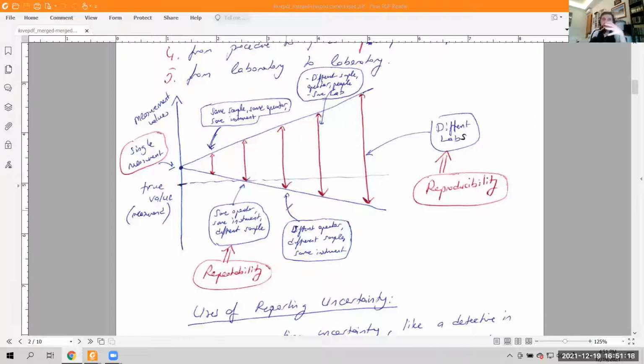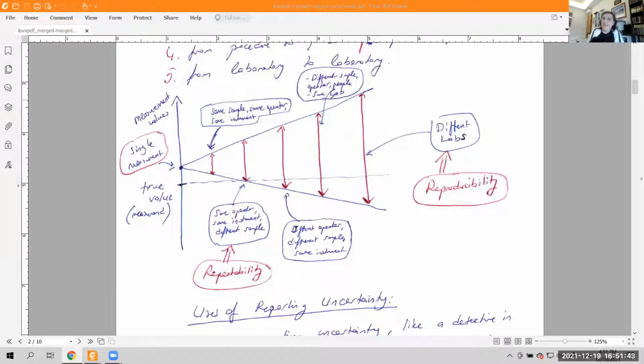And let's lose some more conditions. This time, you and your friend are conducting the experiment on different samples, but with the same instrument. So the effect of the operating person comes into play, and you are going to have a higher variance. So the result is going to be in a wider range.